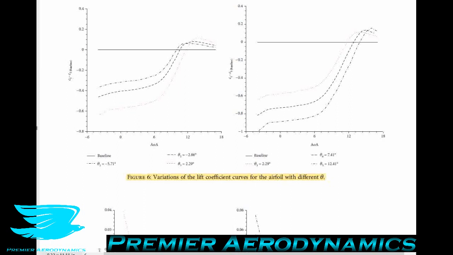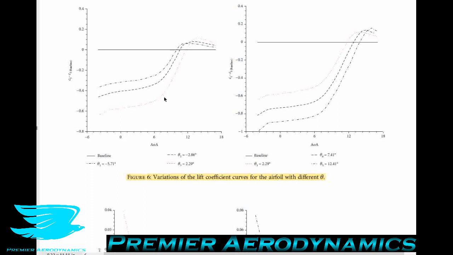First, they looked at when the airfoil had no gap, so the flap was right on the airfoil surface, connected to it. And for the lift coefficient, regardless of the flap's angle, the exact same trend occurred, namely a reduced lift coefficient at pre-stall angles of attack, but increased maximum lift coefficients and delayed stall. We can see here in figures 6a and 6b, the baseline airfoil is this solid black line, whereas all the dashed lines are for the flap at different angles of attack.